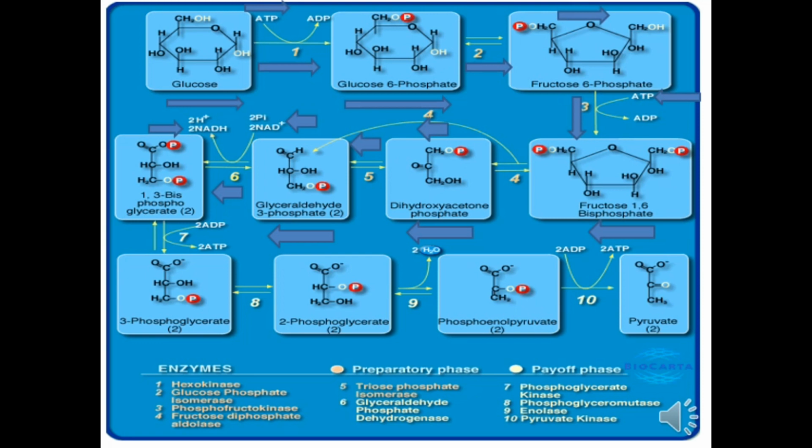Oxidation means removal of hydrogen, so there is removal of hydrogen from carbon 1. This hydrogen is taken by NAD+ to produce NADH. The conversion of aldehyde into acid is known as oxidation.